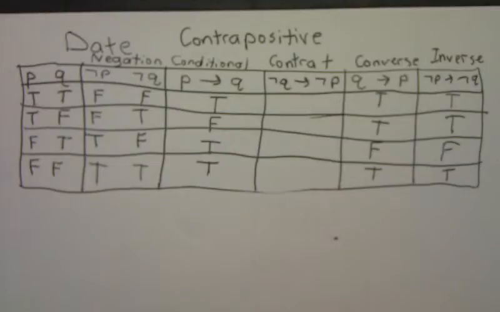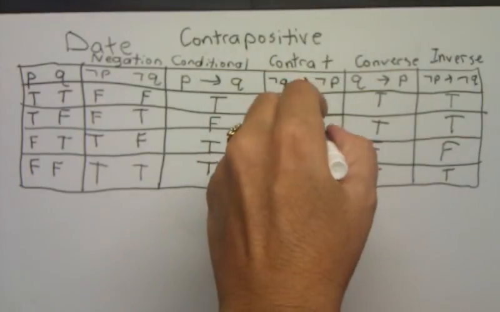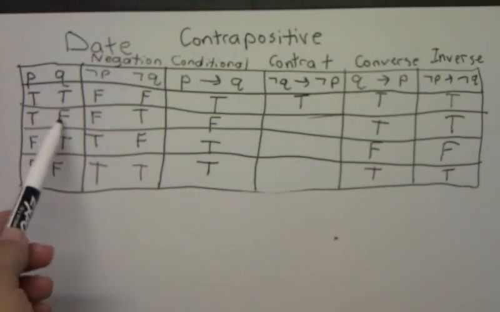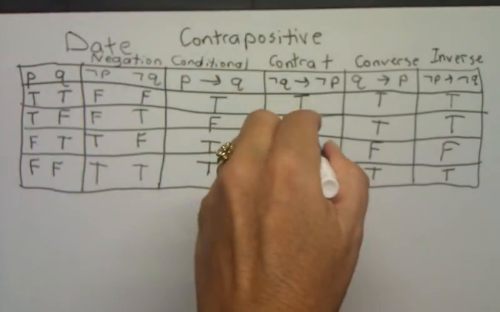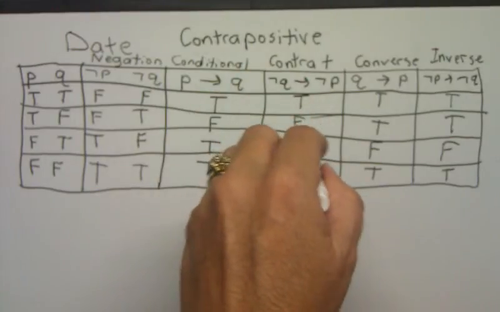And according to my chart, if P and Q are both true, then the contrapositive is true. If P is true and Q is false, the contrapositive is false. If P is false and Q is true, the contrapositive is true.